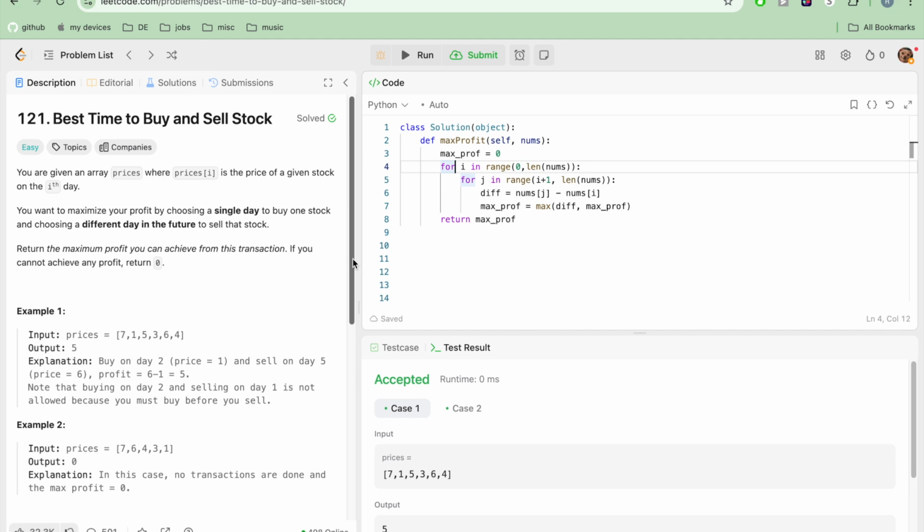Okay, so let's try to solve it using the most efficient approach, where we only have to traverse through the prices list one time. In this approach we are going to find our minimum as we move forward in the array. So this is my array.